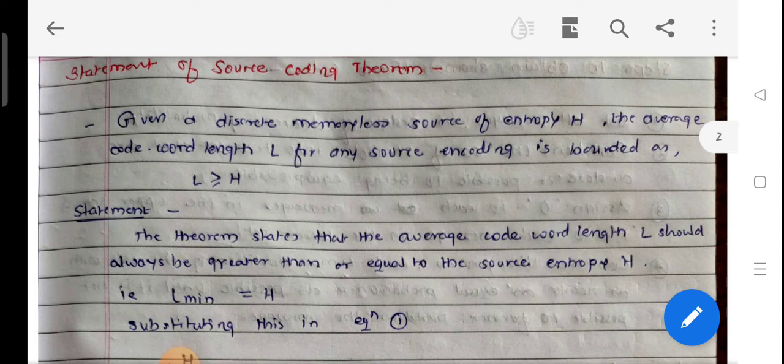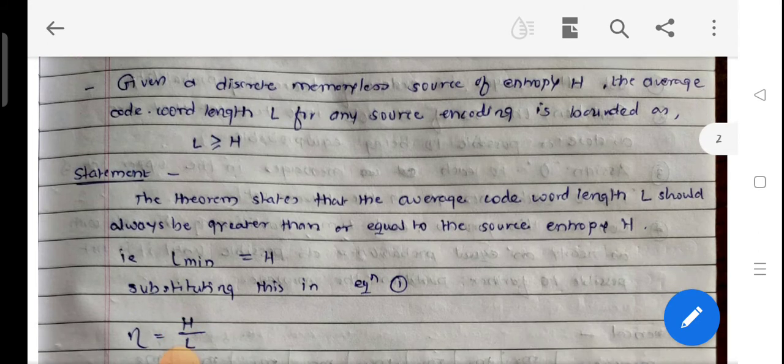So the first source coding theorem states that the average code word length should always be greater than or equal to the source entropy H. That means the minimum value of the code word length, L min, equals H.